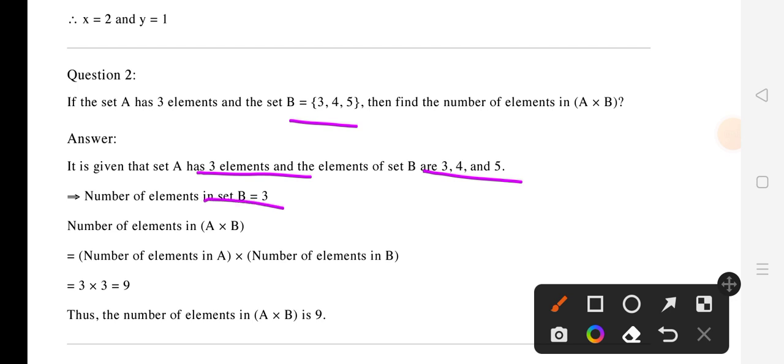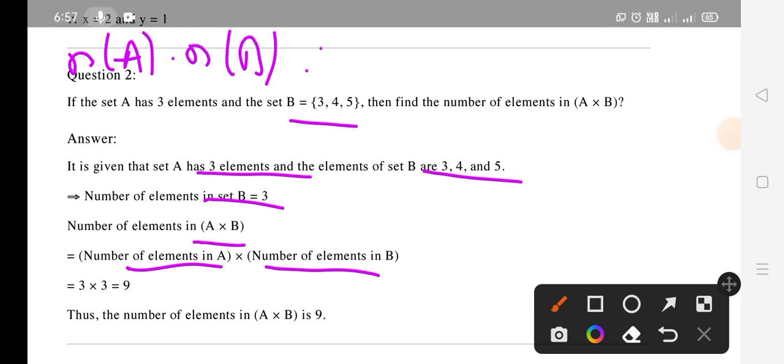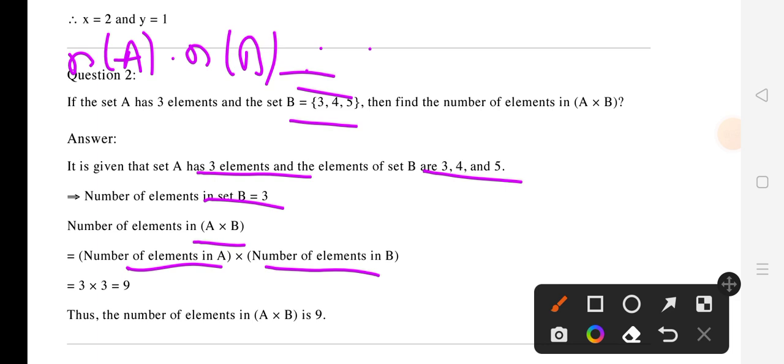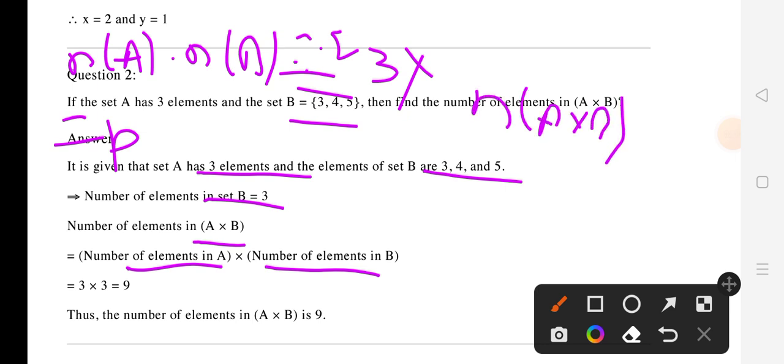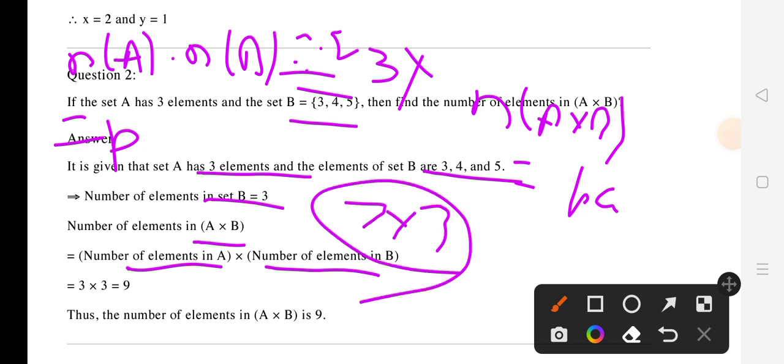The number of elements in A cross B is the number of elements in A times the number of elements in B, that is 3 into 3. If the number of elements in A is P and in B is Q, then as I have discussed previously, the number of elements in A cross B will be PQ. So the number of elements will be 3 into 3, that is 9.